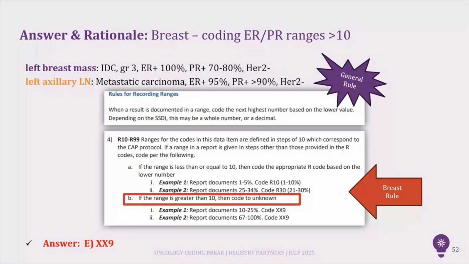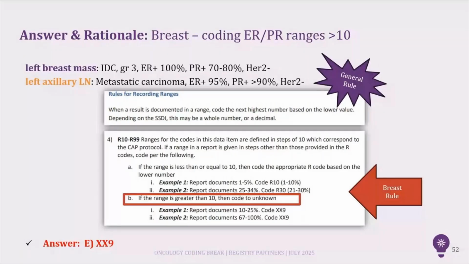So when you have a primary site that has specific rules, that always takes priority over the general rules. So we do have this rule that if the range is greater than 10, we have to code unknown. And 70 to 80 is actually 11. So we need to code unknown, XX9. I know that one's confusing. That one I see on QC, so keep an eye on those rules.